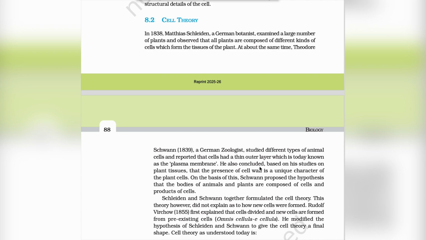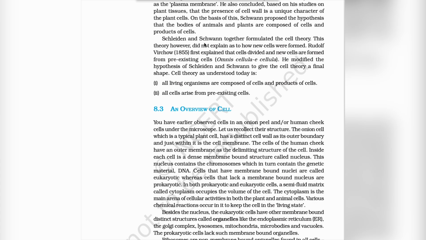He also concluded, based on his studies on plant tissues, that the presence of cell wall is a unique character of the plant cells. On the basis of this, Schwann proposed the hypothesis that bodies of animals and plants are composed of cells and products of cells. Schleiden and Schwann together formulated the cell theory.